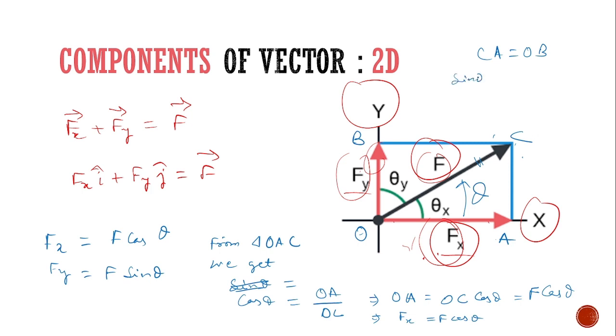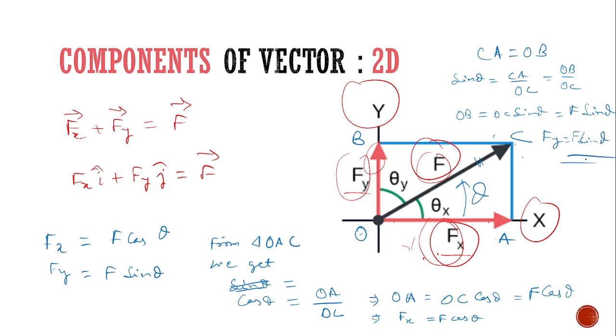So sin theta is equal to OB by OC. And what is the value of OB? OB is equal to OC sin theta, which is f sin theta. So fy is equal to f sin theta.